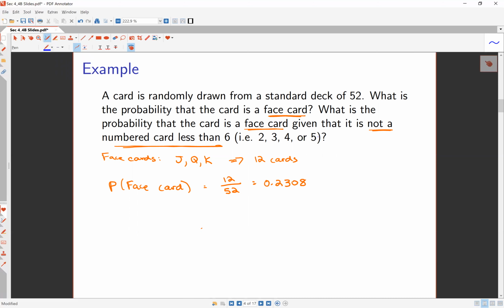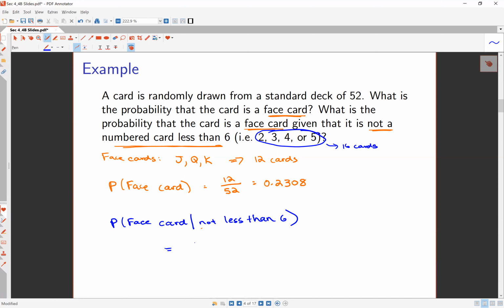Now, how many cards in the deck are 2s, 3s, 4s, or 5s? 16 cards. And I'm being told it's not one of these 16 cards. So what's the probability of a face card given that the card is not less than 6?